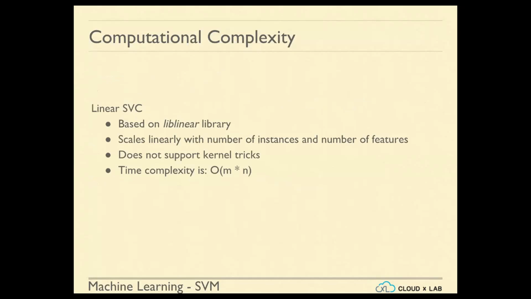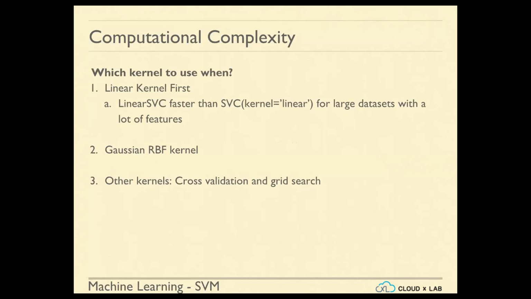Then we should try the RBF kernel, and then we should try the other kernels. In simple words, we start with linear SVC, then we move on to the RBF kernel, and how do we do that? Using cross validation and grid search.